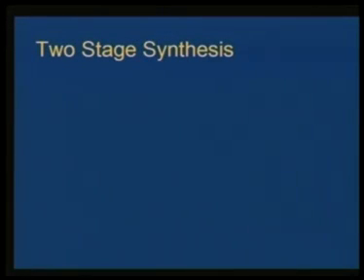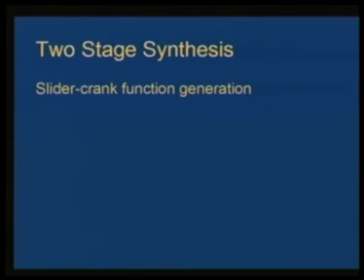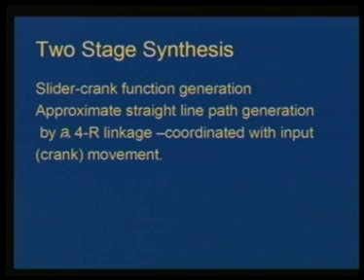We have already seen that using these three problems and a two-stage synthesis technique, we could have designed first a slider crank function generator and then use that design to generate an approximate straight line path generation of a 4R linkage coupler curve, which could be coordinated with the input, that is the crank movement.